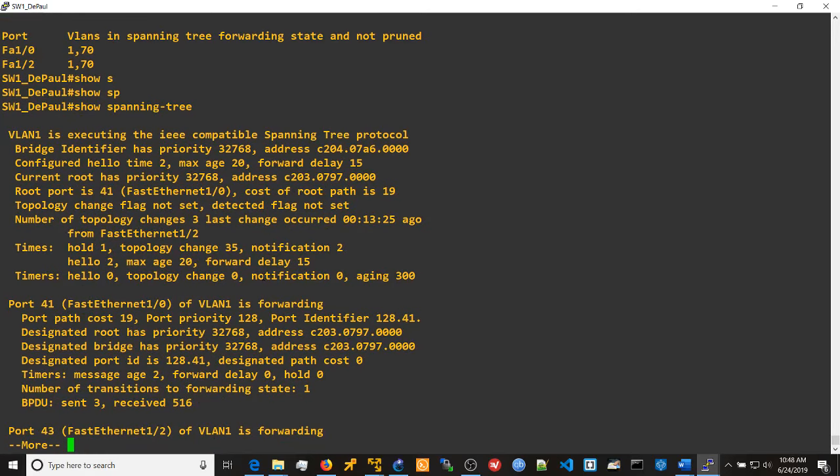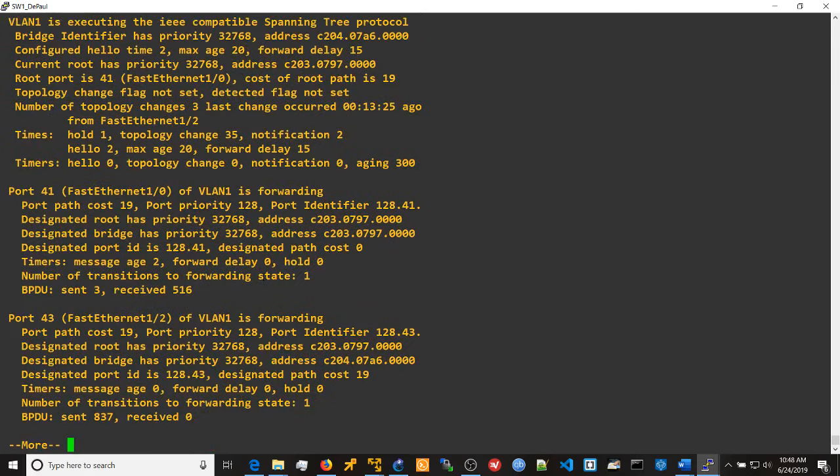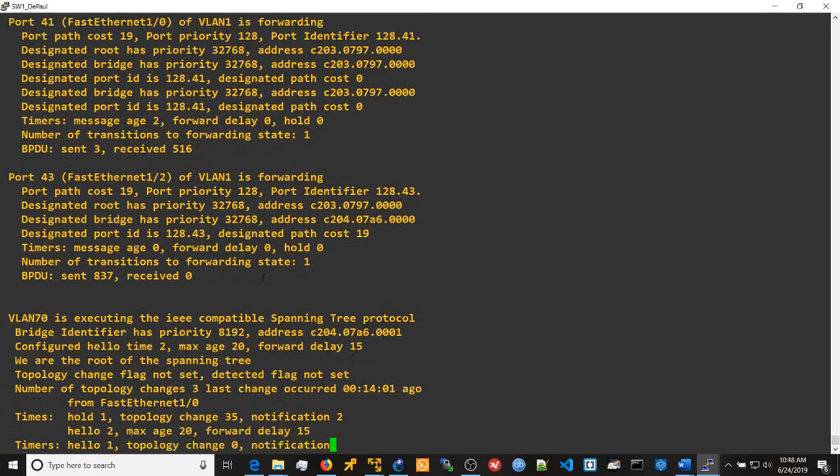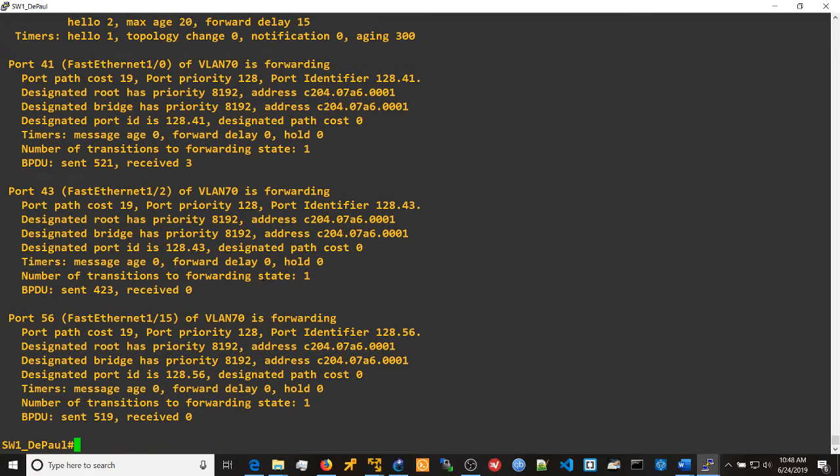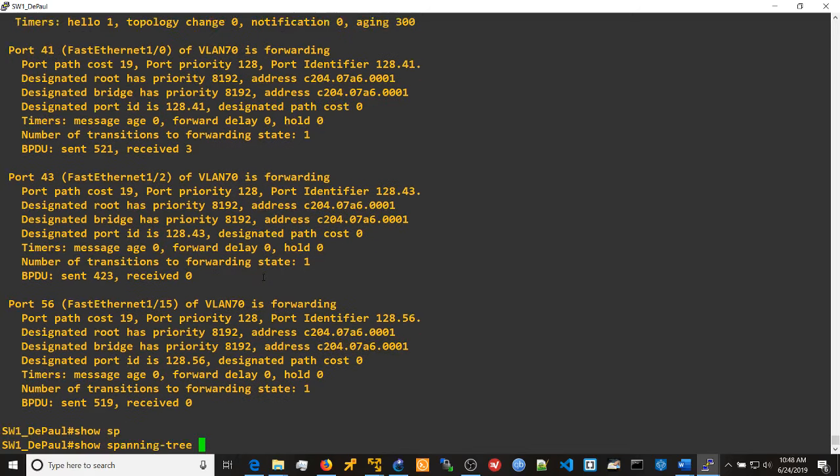Here is spanning tree for VLAN 1 and for VLAN 70. So let's look at show spanning tree brief.